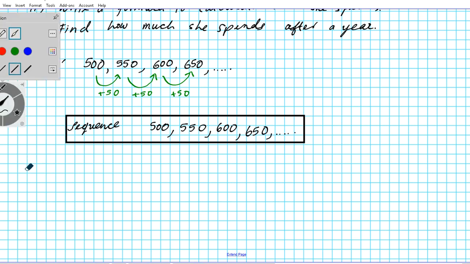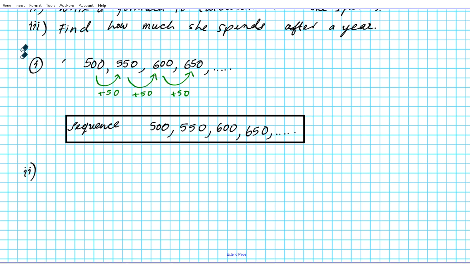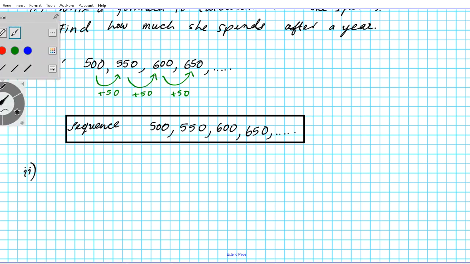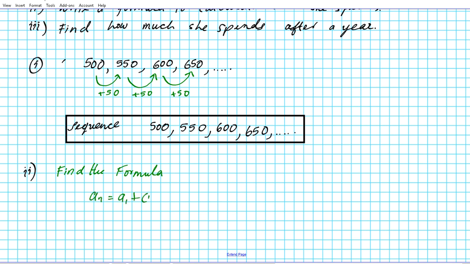So for the second one, we're going to start off by writing down the formula for the nth term of an arithmetic sequence, so we want to find the formula here. So the general formula an is given by a1 plus n minus 1 times the common difference d.